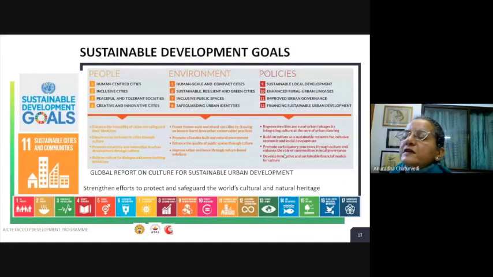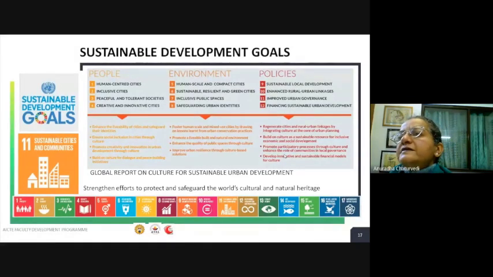So the report says that it is possible to regenerate cities and rural urban linkages by integrating culture at the core of urban planning. So this is a statement made in 2015 by UNESCO that the links between cultural heritage resource conservation and management and sustainable development have to be understood.